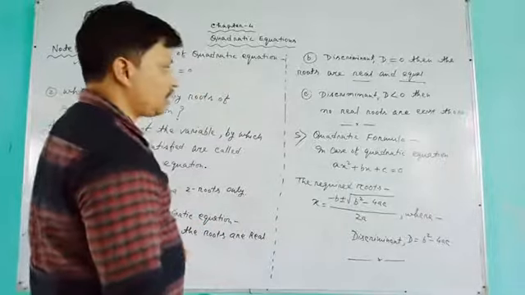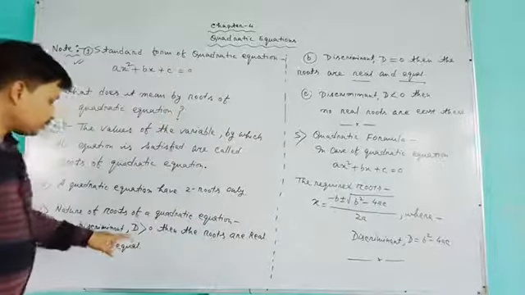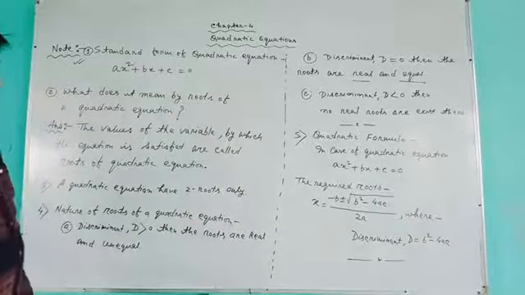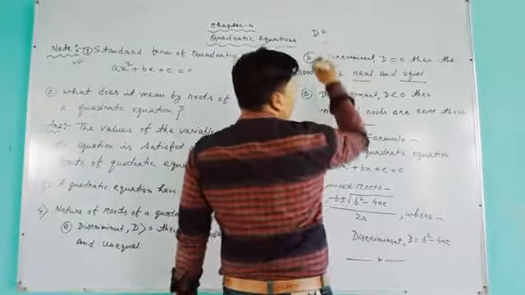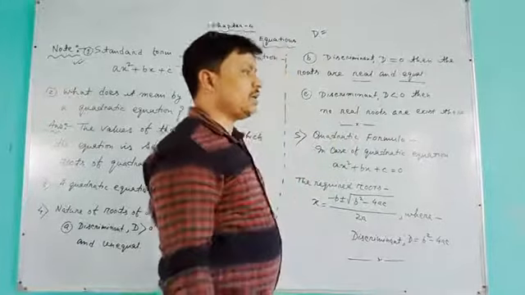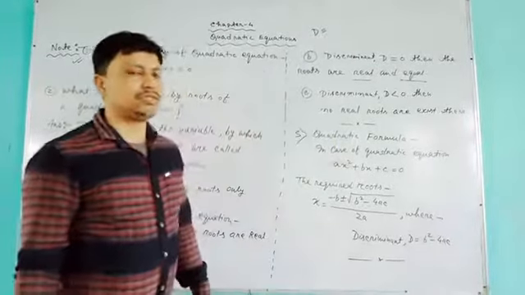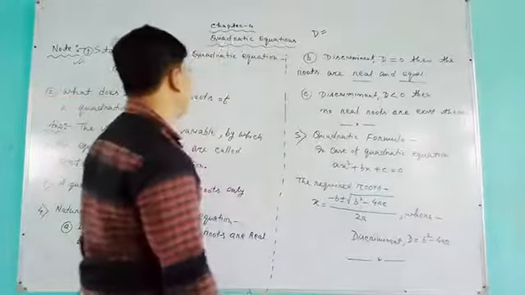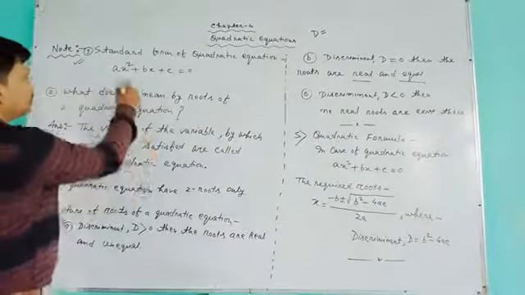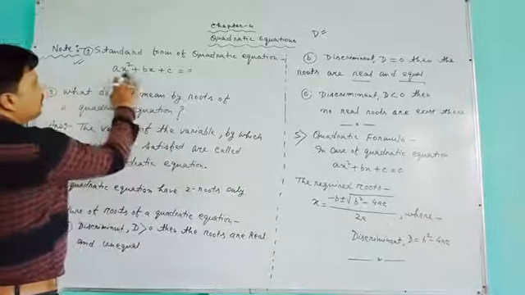Now, what does it mean by discriminant? Discriminant is an expression on the basis of the coefficients of a quadratic equation. What are the coefficients here? a, b, c.